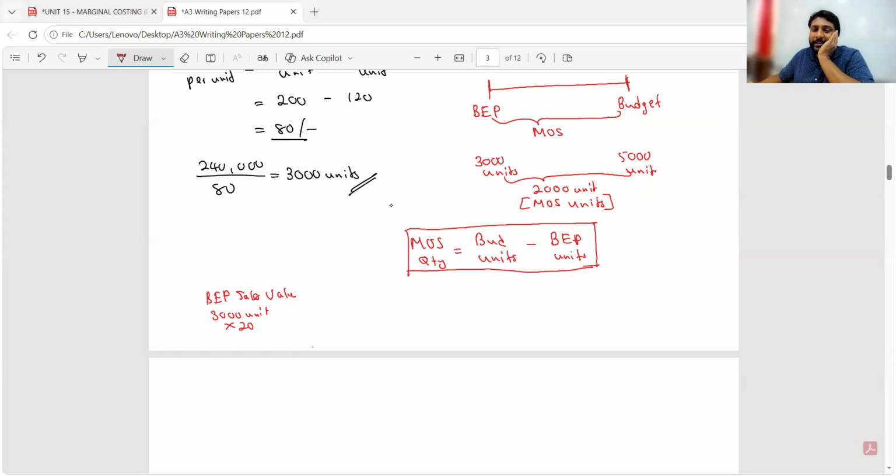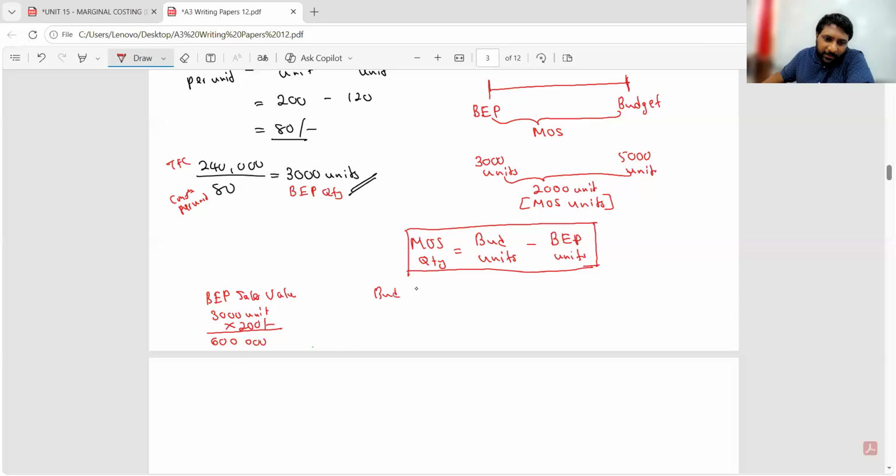Total fixed cost divided by the contribution per unit gives the break-even quantity. You tell me, I'm not going to tell. 3,000 into 200, how much is here? 6 lakhs, no?